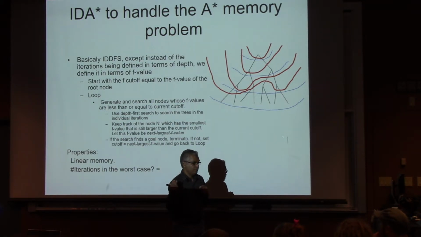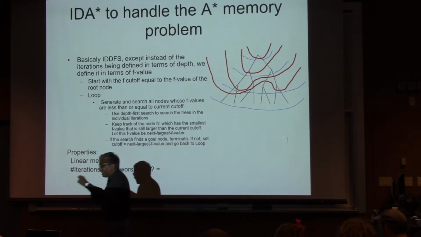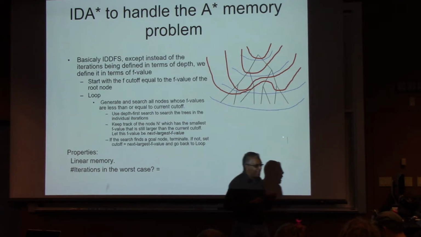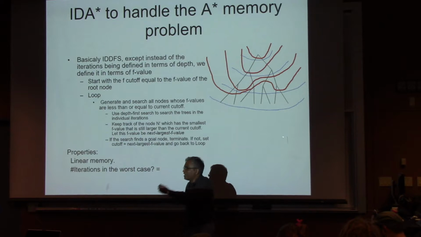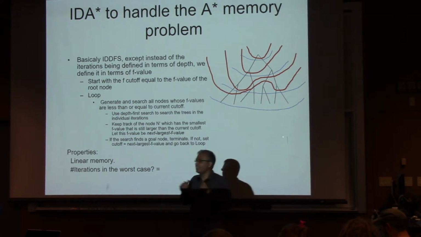But here, if every time the closest node that could get in ends up having an F value that nobody else has, then that's the only node that gets into the tree. So the tree has increased by one node, one more node, one more node, one more node. So how many iterations will there be?